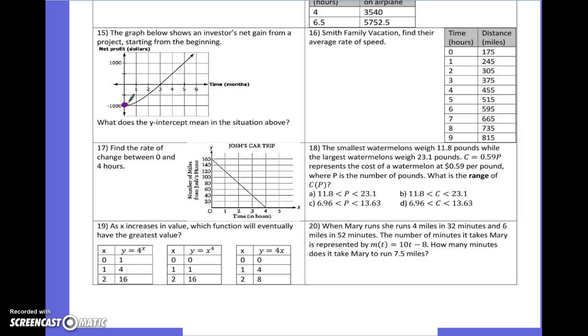So if this is an investor, well, then the investor put in $1,000 at the beginning, or if you want to say, he was in the hole $1,000 when he started his project. So net gain from a project starting at the beginning.